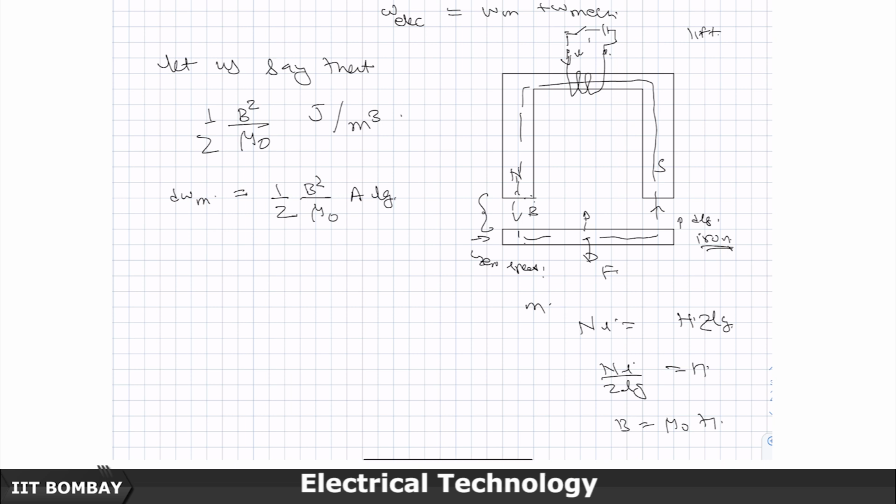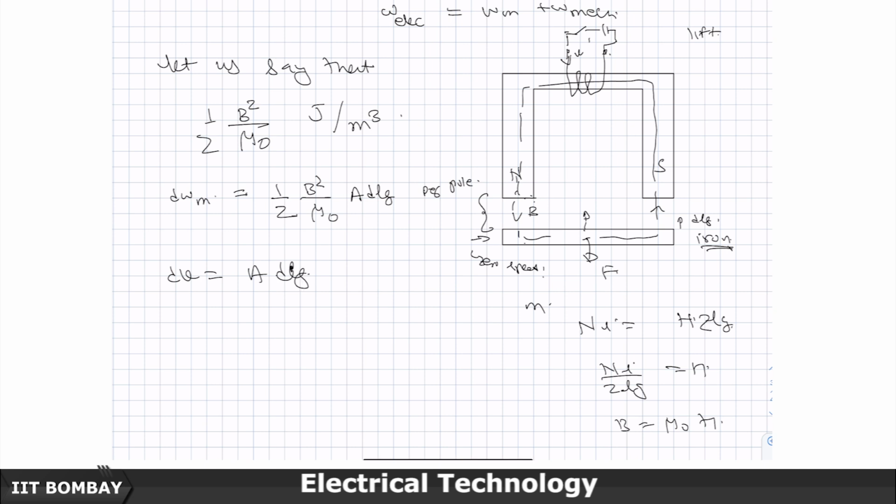So, this is per pole. Per pole means this is one pole, this is one pole. So, dlg, I am sorry, because the volume dV that has changed is A times of dlg.